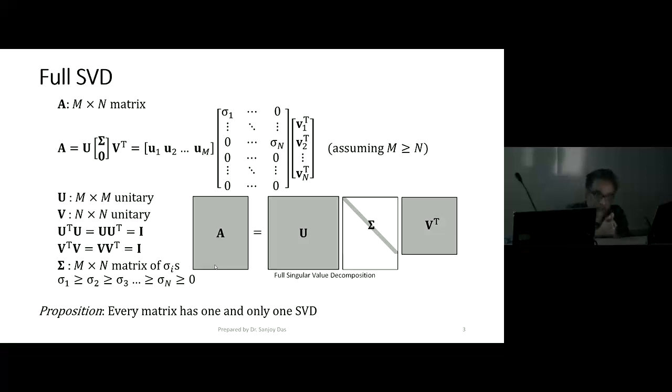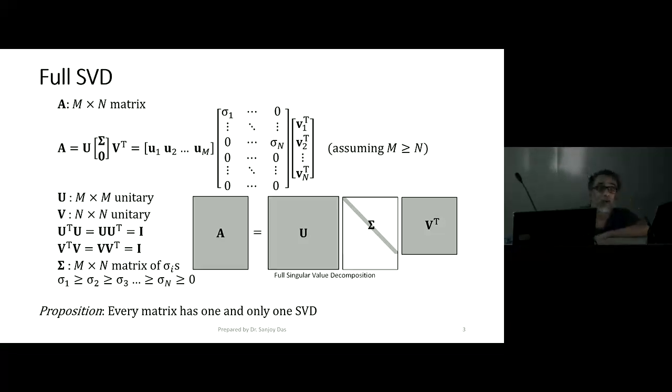In other words, the U's are a set of orthogonal vectors. Each column of U is a unit vector, and all the columns are mutually orthogonal. But you can take one of the axes, one of the U's, and flip it around, take its negative, and it will still serve as an orthogonal basis.